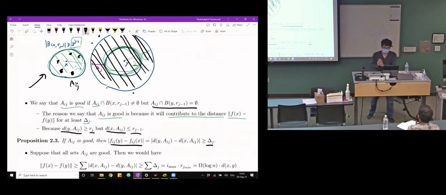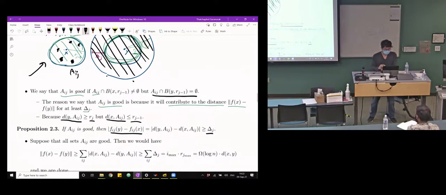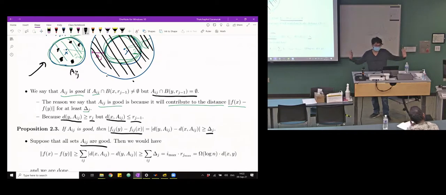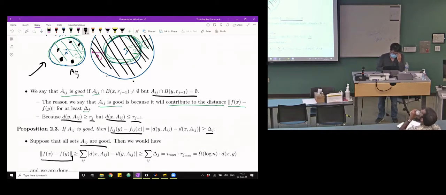And we think of this as something big because, suppose, for example, that somehow all of the Aij are good. Suppose that is the case. What would we have? Let me just write down the definition of L1. It's just summing over all ij the difference between the distances from X and Y to Aij.